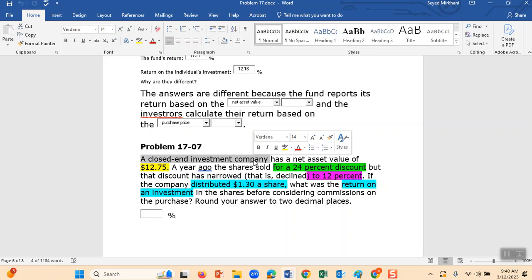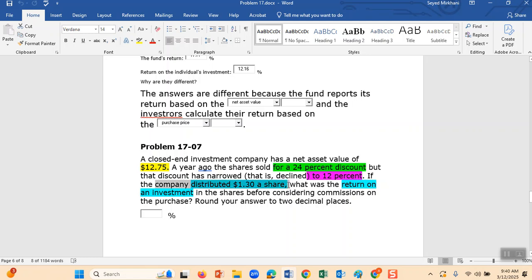And therefore, coming back to here, it says the fund sold at a 24% discount, which means this fund has not been doing great. That's why they had to sell it at a discount. And then the company distributed $1.3 a share.